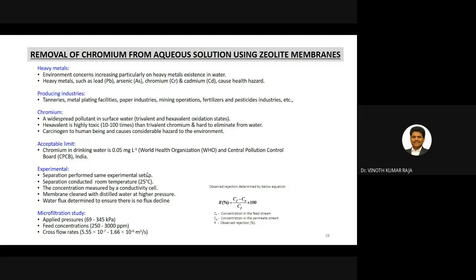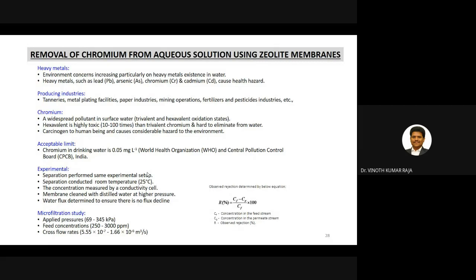Among these, chromium is a widespread pollutant in surface water that can be available in trivalent and hexavalent oxidation states. Hexavalent chromium is highly toxic, 10 to 100 times more than trivalent chromium, and very hard to eliminate from water. It is a carcinogen to human beings and also causes considerable hazard to the environment.